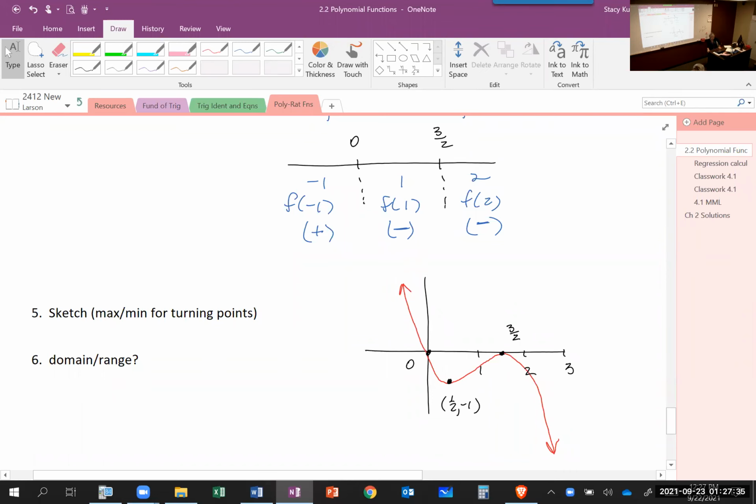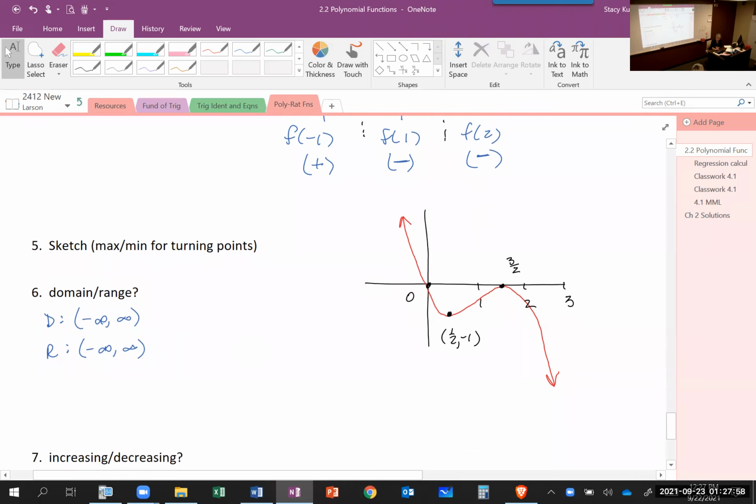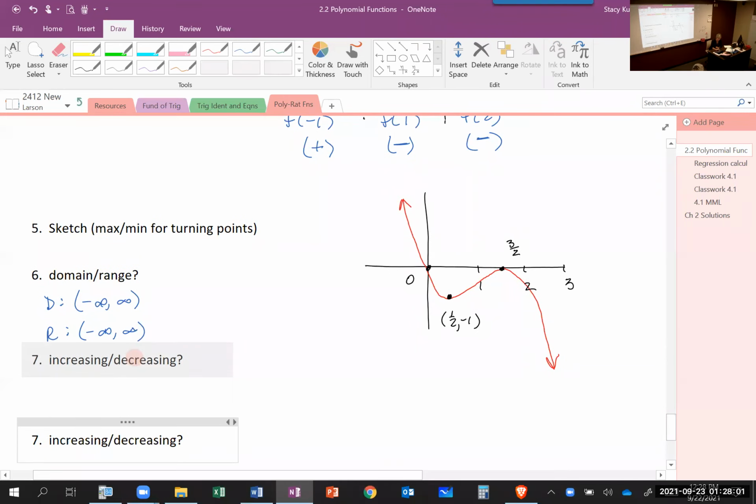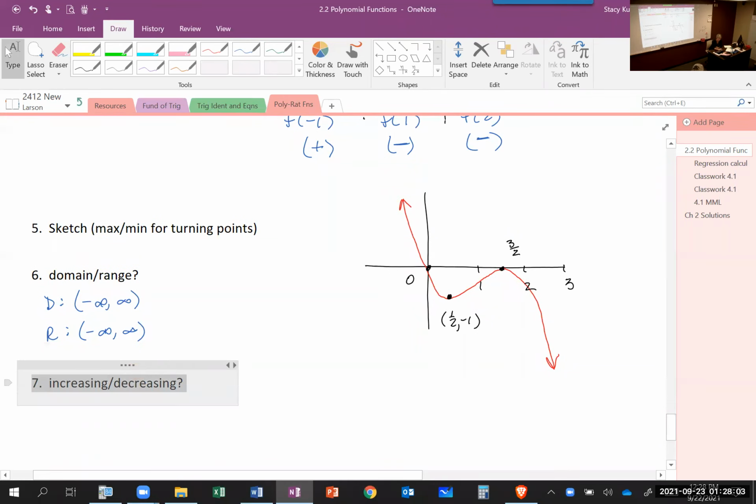What's the domain of this function? Negative to positive infinity. What's the range of this function? Negative to positive infinity, right? Where is the function increasing?